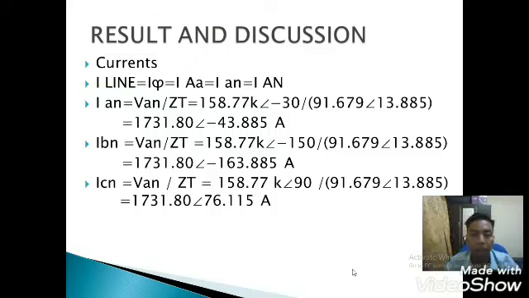For IAN is equal to VAN divided by total impedance ZT, which is 158.77 kilo degree of negative 30 divided by 91.679 degree of 13.885.